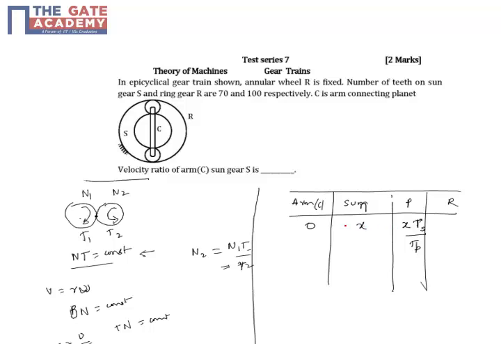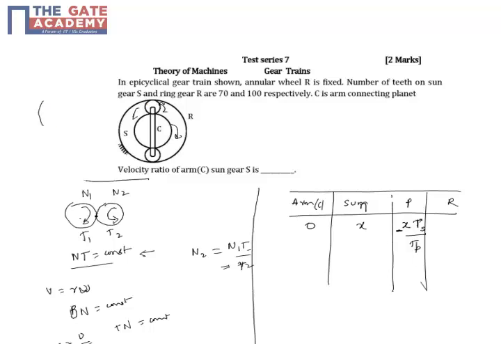Because X moves clockwise, this sun gear moves clockwise, so the pinion, with the arm being fixed, will move anti-clockwise, so we put the minus sign here. And when the planet moves anti-clockwise, the ring gear, because the planet is inside the ring gear, also moves in the same direction.